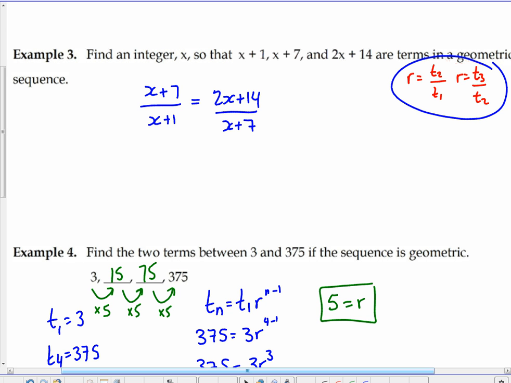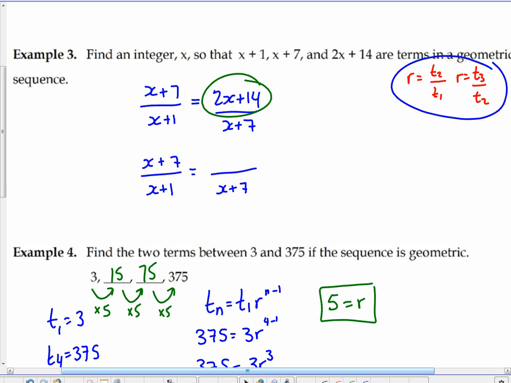What I could say is, let's factor this right side over here. Can you factor that numerator? Is there something we can factor out? Here, everything stays the same except for this one. What can you factor out of those 2 numbers? GCF.